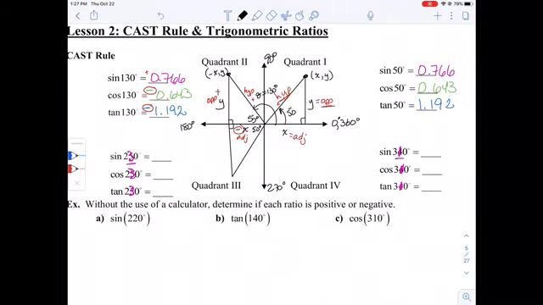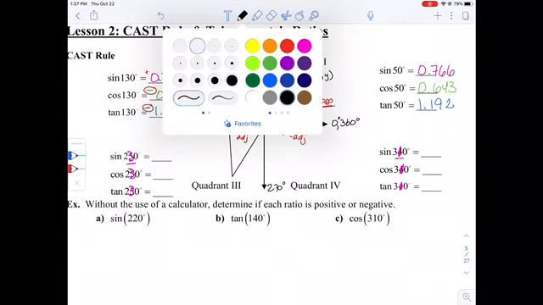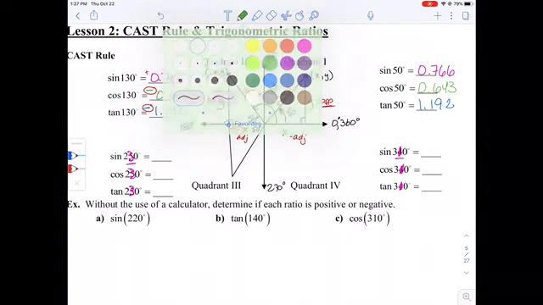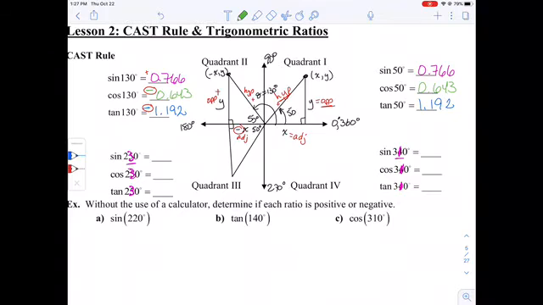So theta, in this case, in the third quadrant here, is going to be 180 plus 50. So theta would be 230 degrees, which is what we've got here.